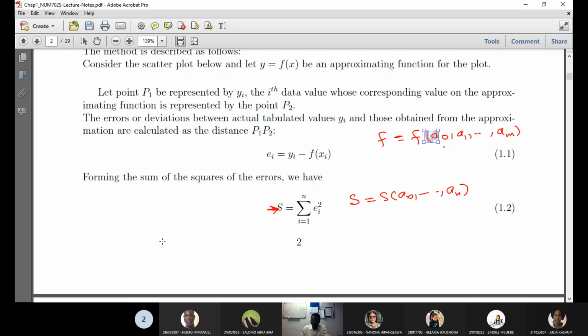And to minimize the error, we will take the partial derivative of s with respect to the parameters and set that to be 0. This is what we call the optimal condition. By setting this, we will obtain what we call the normal equations, right? So this will lead us to the normal equations.